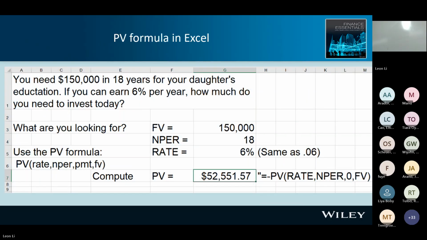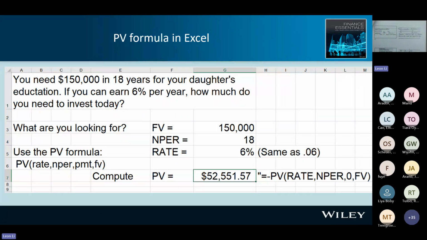And we use Excel to do the calculation. You need $150,000 in 18 years for your daughter's education. You earn 6% per year. How much do you need to invest today? Again, when I do any question, I prepare the timeline.